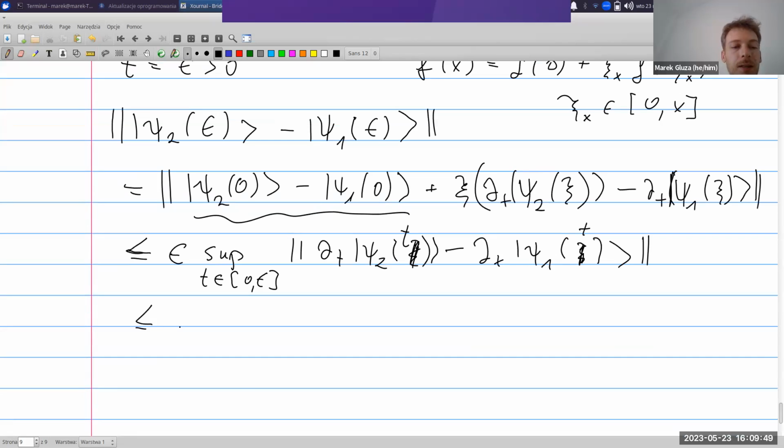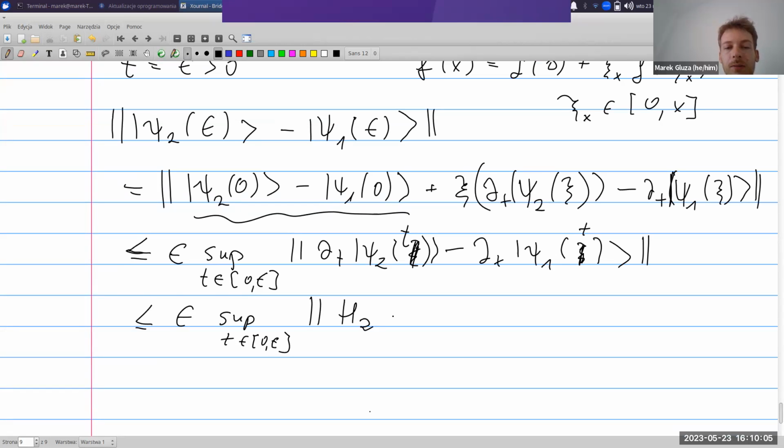So what do we get? We get smaller or equal than epsilon times this supremum over t in 0 and epsilon. This epsilon makes this interval quite short. And then I will have here the Schrödinger equation.